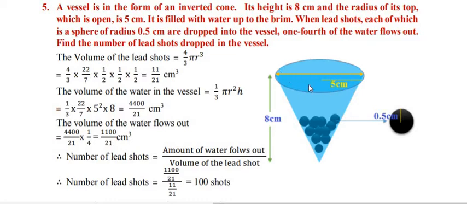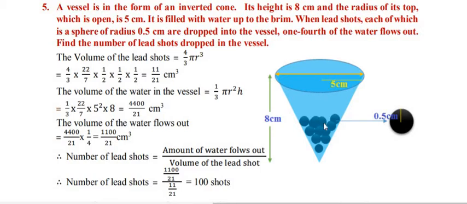Up to the top, water is filled inside the inverted cone. When some lead shots are dropped in the cone, what happens? Some amount of water flows outside, meaning 1/4 of the water flows outside the inverted cone.